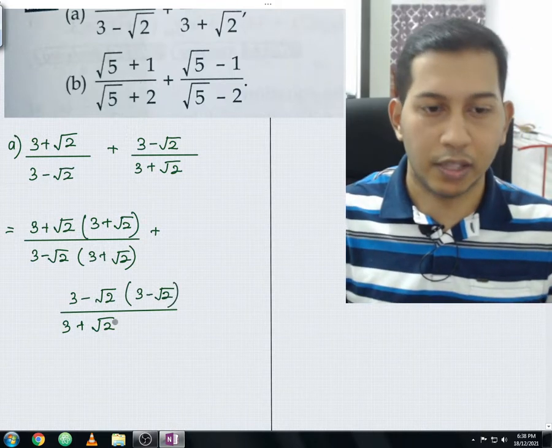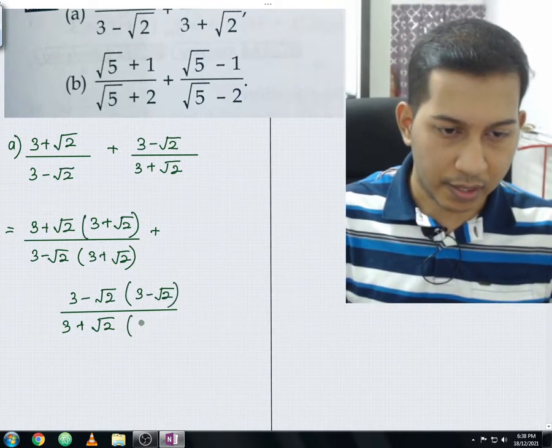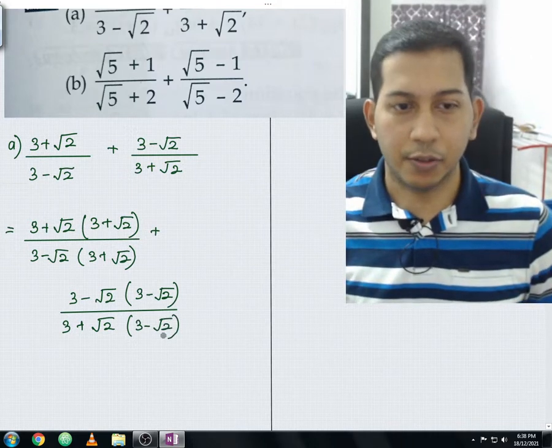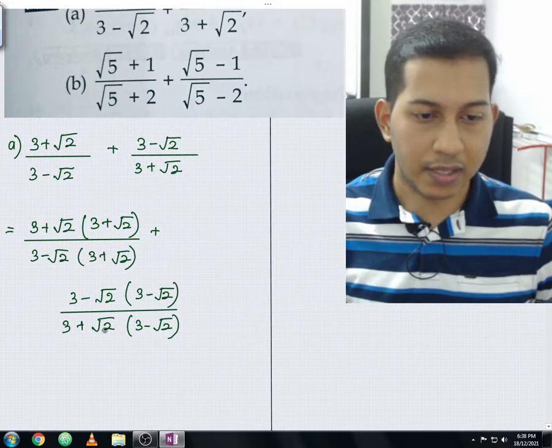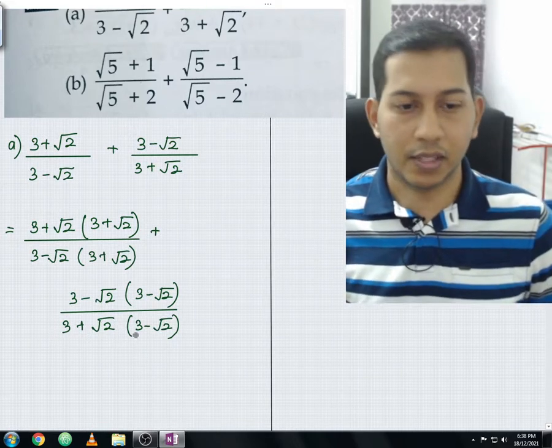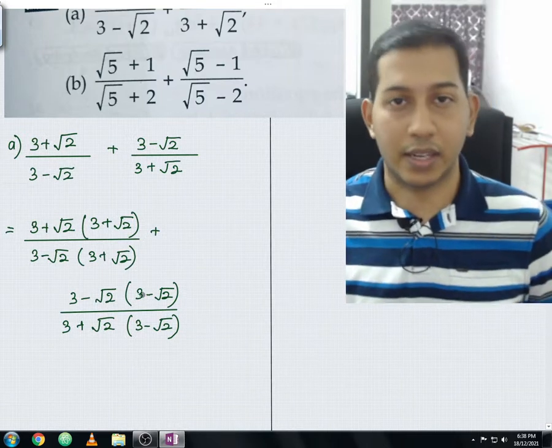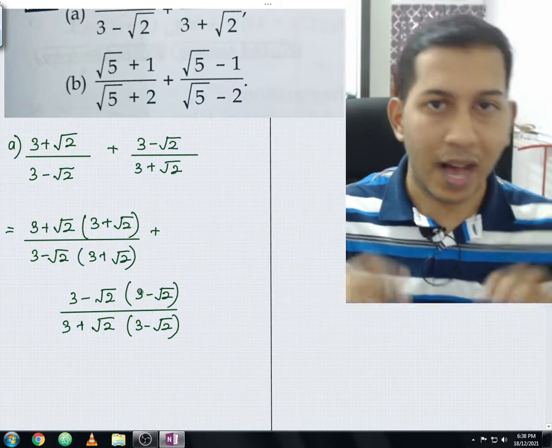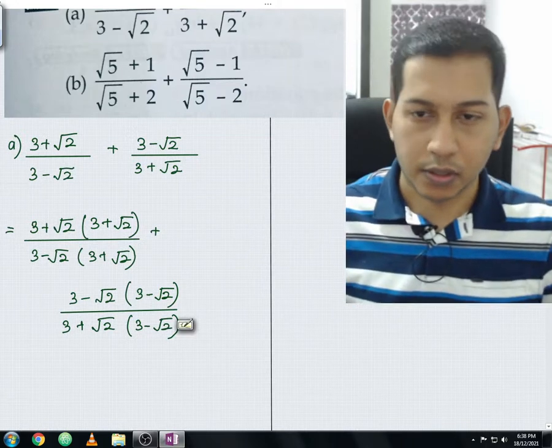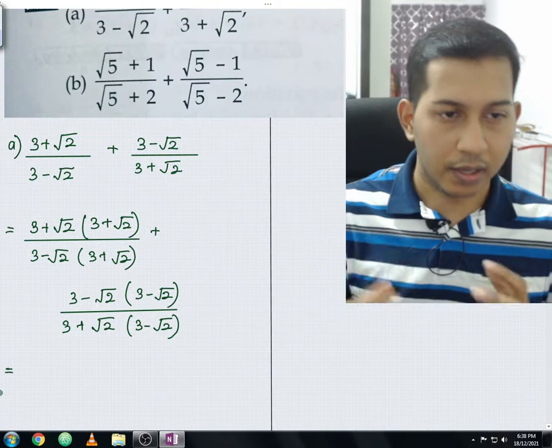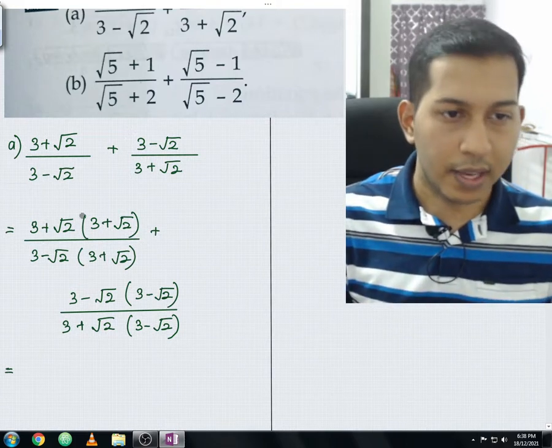When you multiply the numerator, you need to multiply the denominator as well, so (3 − √2). How you get this (3 − √2) is based from here: the conjugate of 3 + √2 is 3 − √2. Up until now, I hope you are clear. Let us proceed to the next step. It will be slightly long, so let us take a look one by one.